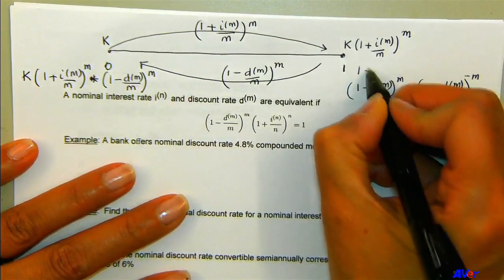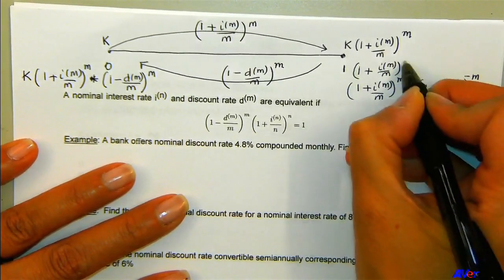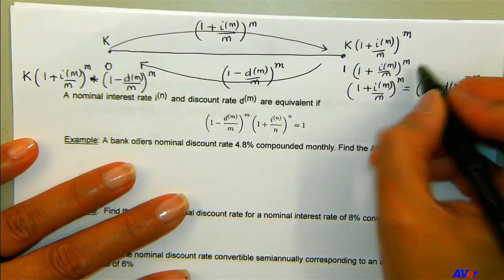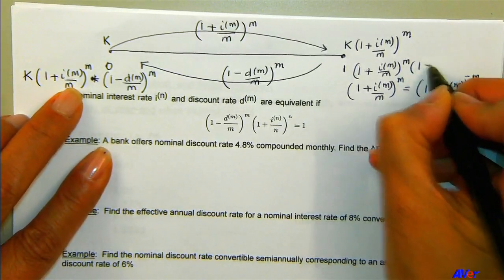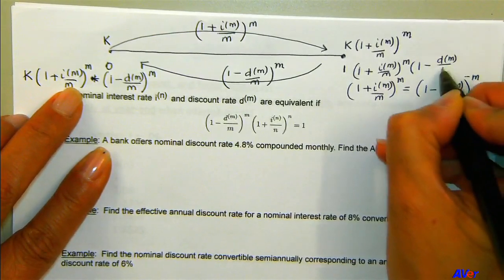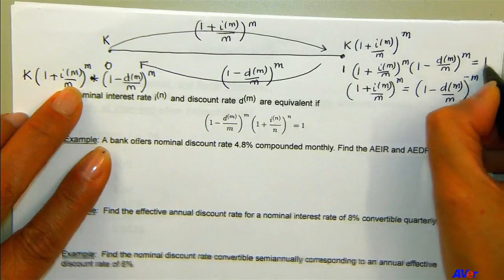Let me write it: 1 plus i^(m) over m to the m times 1 minus d^(m) over m to the m equals 1.